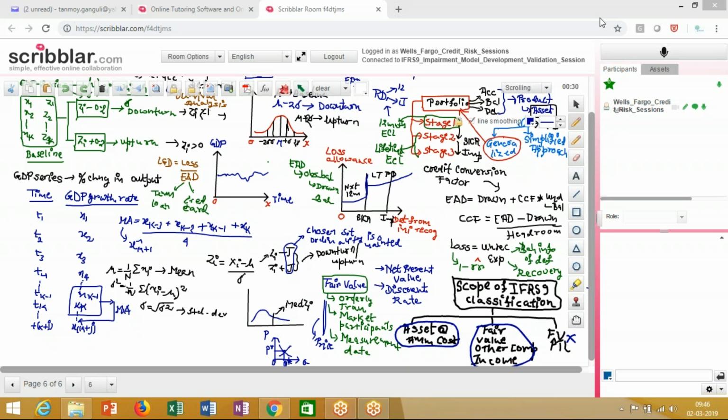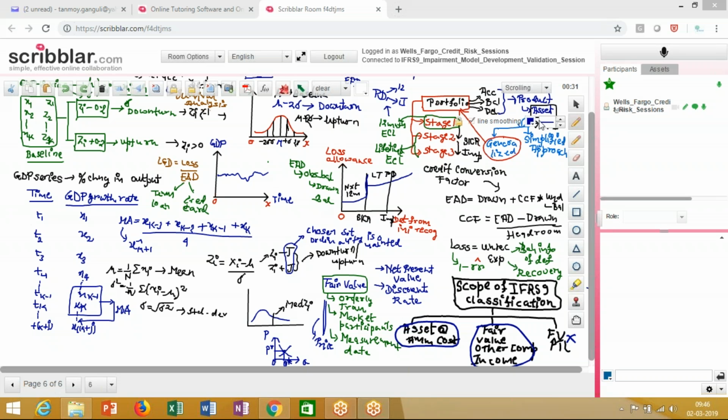Okay. So all the assets under IFRS 9 have to be valued at fair value, right? Now, when you're valuing these assets at fair value, there are different ways it can be done. One type of asset is where the fair value is computed at amortized cost.